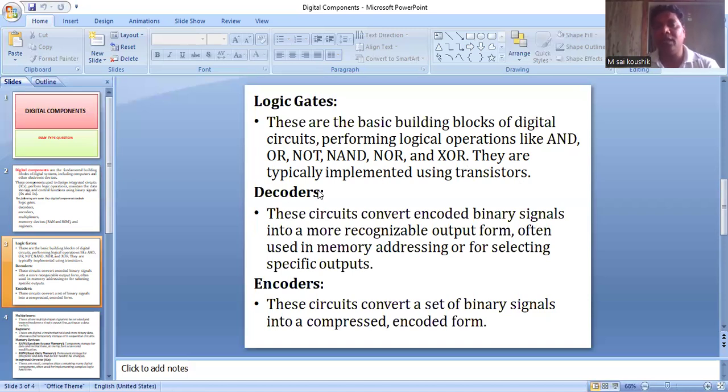They are typically implemented using transistors in circuits. It's clear, no? Transistors depend on integrated circuits. So these circuits, taken by various types of gates, are called logic gates.